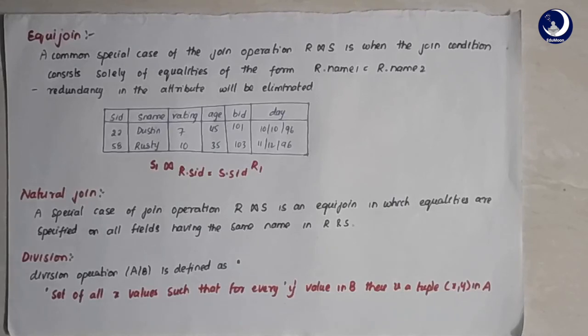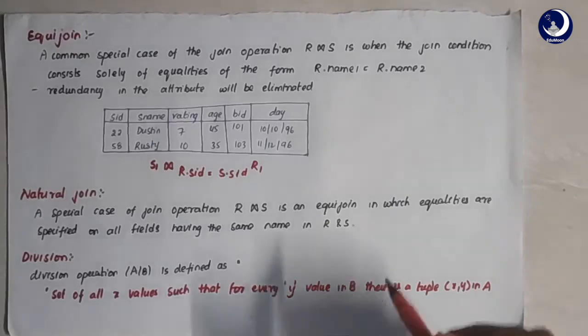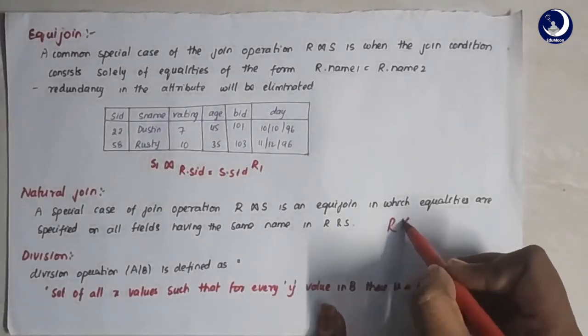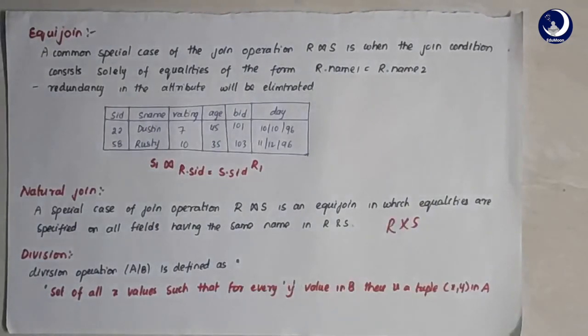If there are no common fields between R and S, this is simply the cross product of R and S, right?